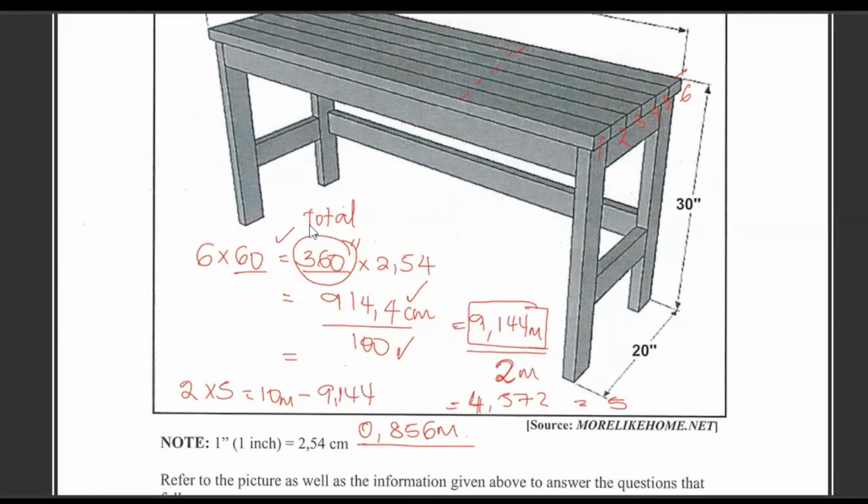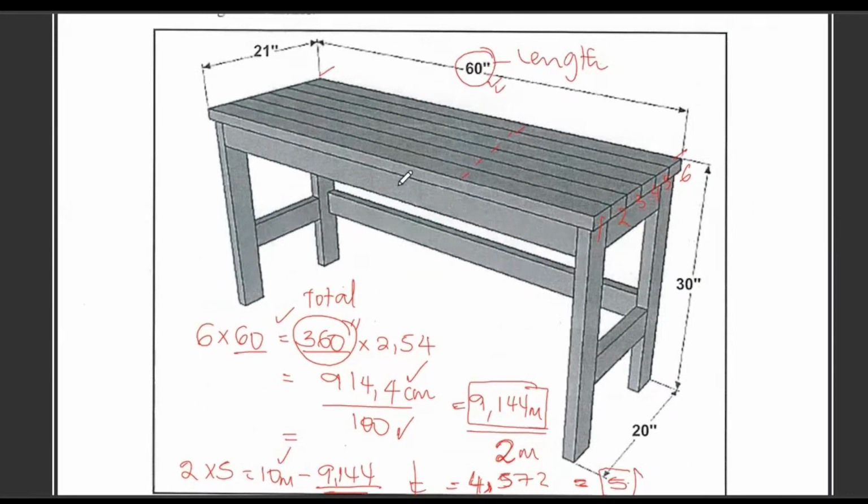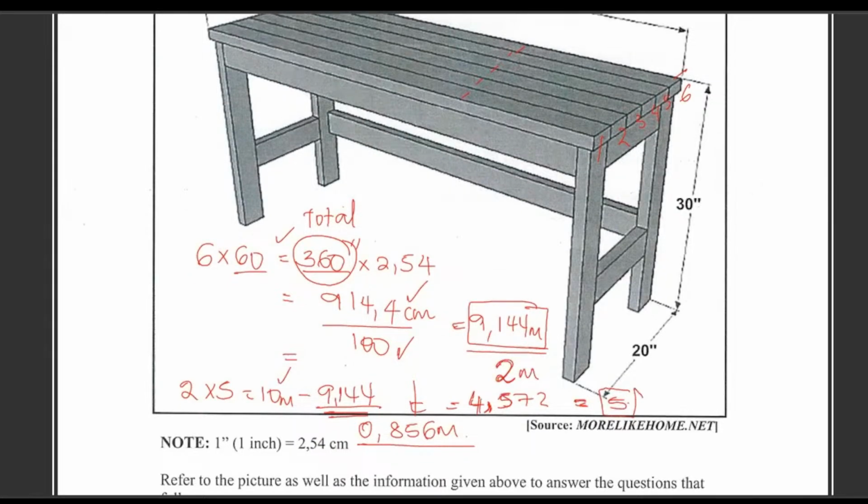We shall divide this by 2. We end up having 4,572. Now this is approximately 5. Why? The planks they are going to buy, they don't buy them in halves. They buy a full plank, which is 2 meters. So the person is going to buy 5 planks, adding up to 10 meters. So if they add up to 10 meters, we subtract what we need exactly. Whatever remains, it's wastage, or it's going into cutoffs. That's how we get our marks there.